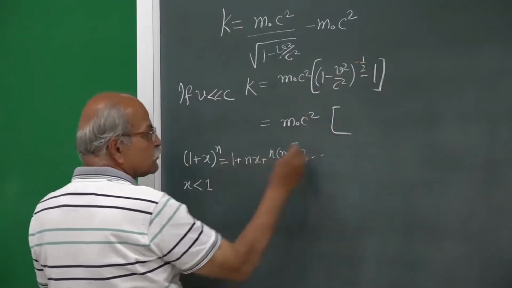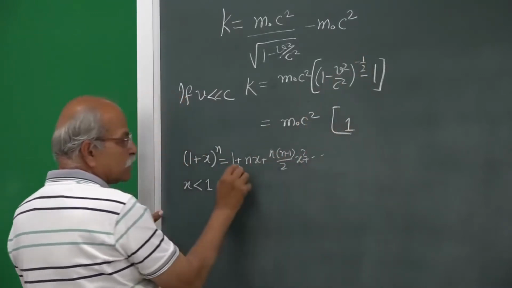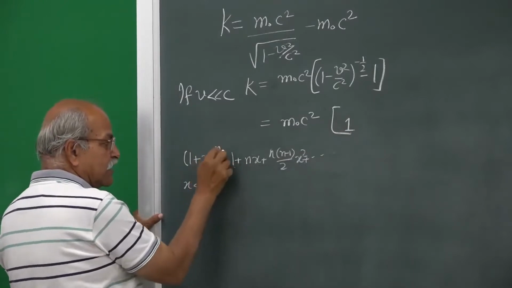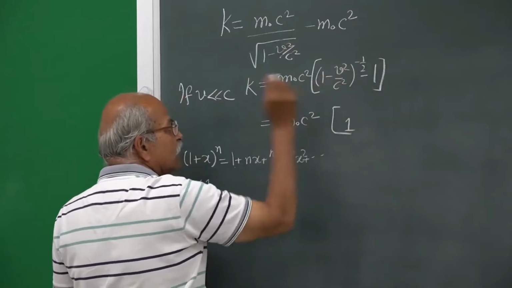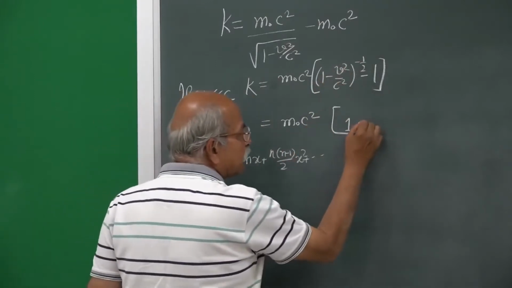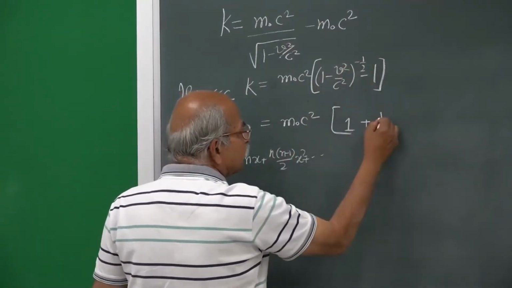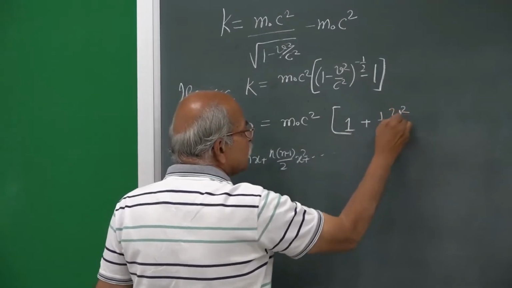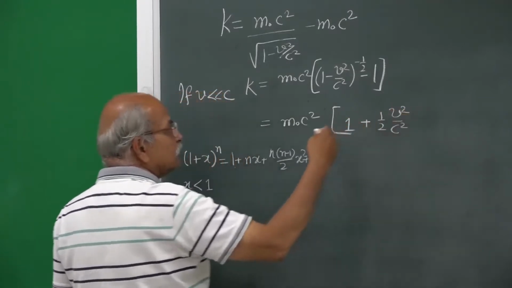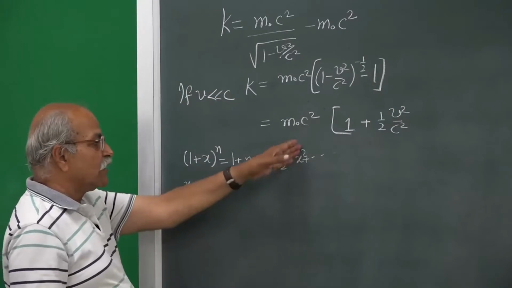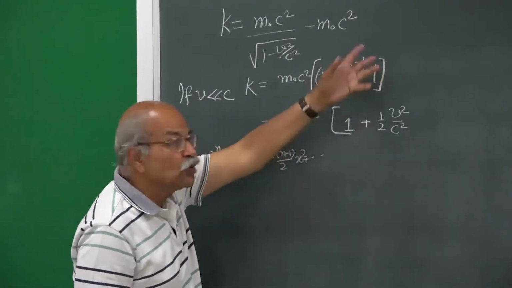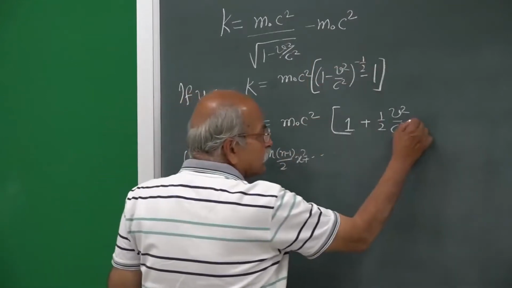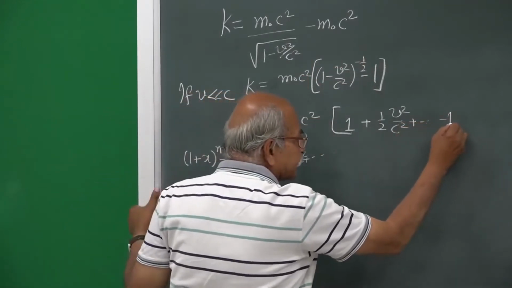So, first term is 1, good. Next term is plus nx, this exponent and into this x. So, this minus half into minus v square by c square. So, it will be plus half into v square by c square, and then the higher terms x square, x cube, so v square by c square, square and cube and all those things, and minus 1 is here.